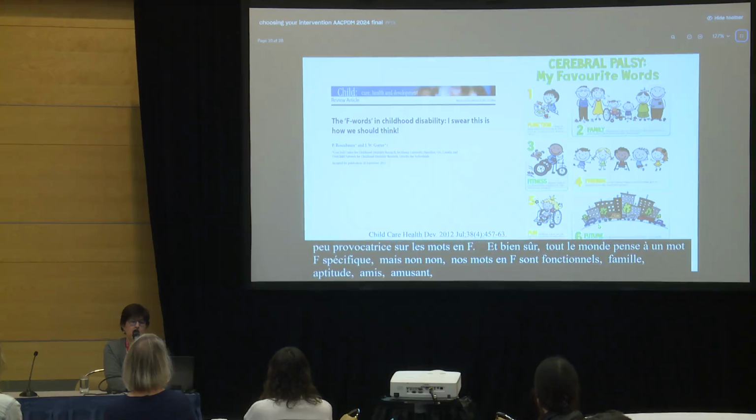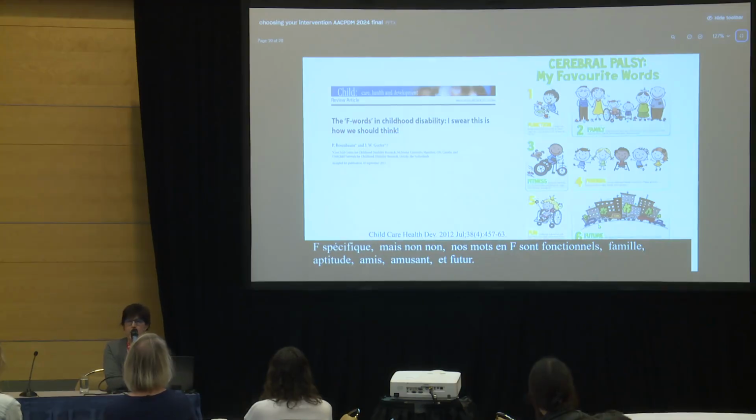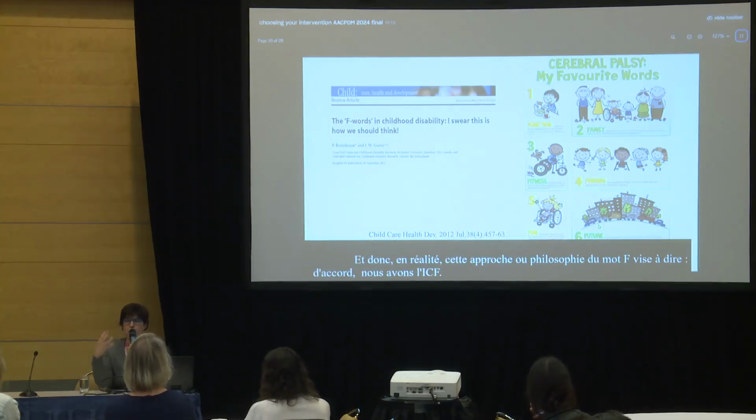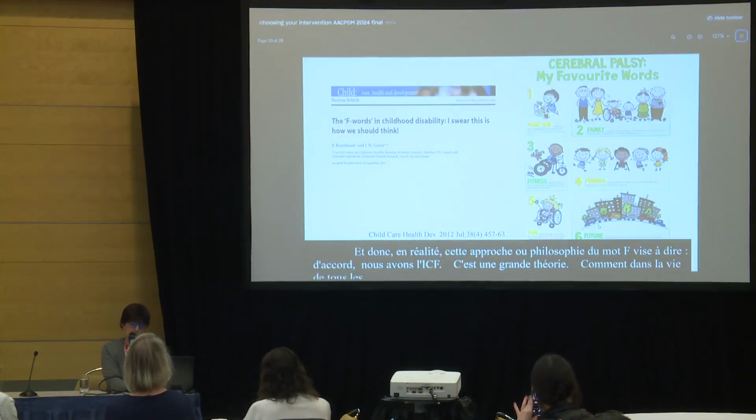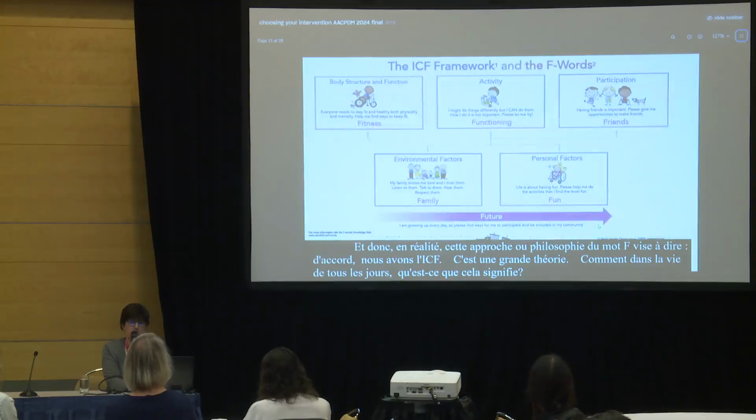And so what this effort, approach, or philosophy is really about is to say, okay, we have the ICF, it's a bit theoretical, so in day-to-day life, what does it mean? And so they've used those domains and mapped them onto the ICF.